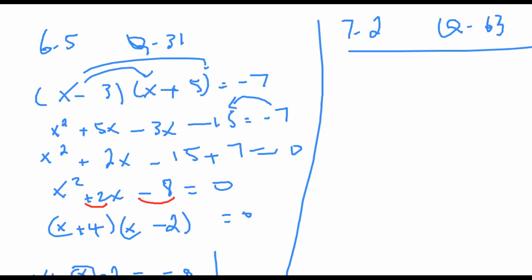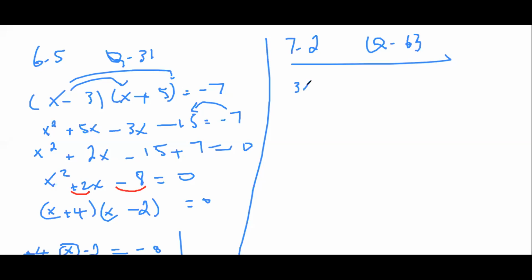So we have 3x over x plus 1, plus 4 over x minus 1, minus 6 over x to the second minus 1. So we have three fractions. We just need to combine them, add and subtract them, into one fraction.